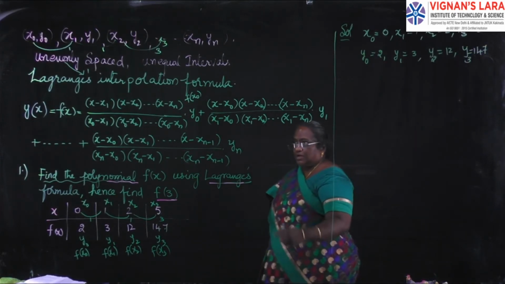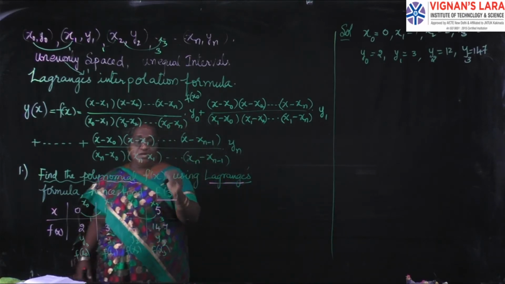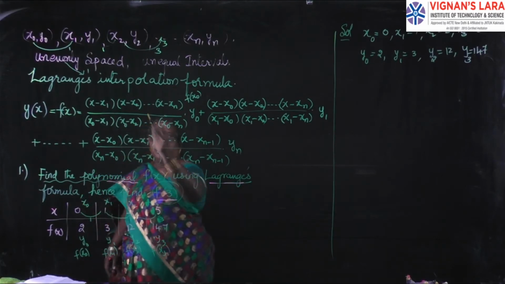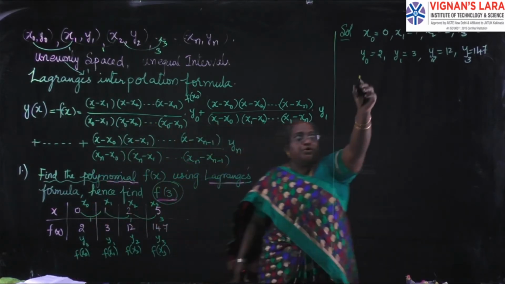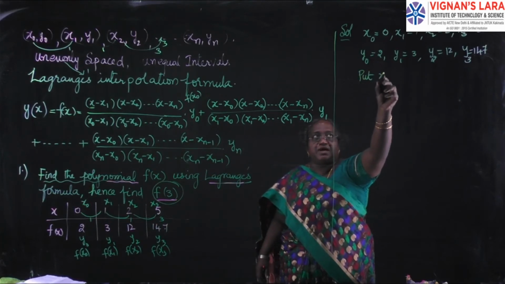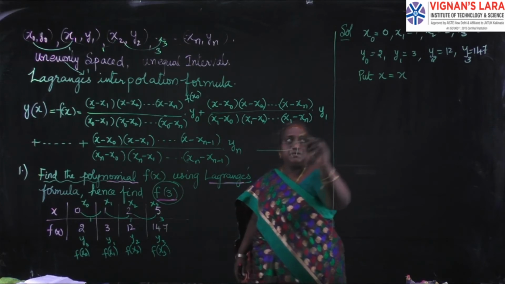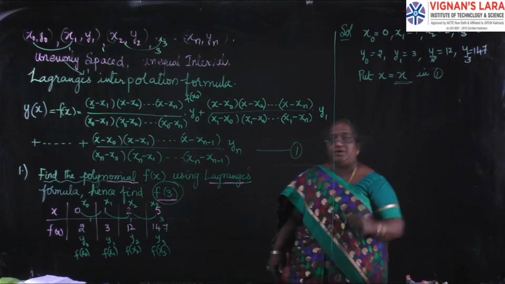So now, substituting the respective values. Here you are not supposed to use x as 3, but instead of x you have to use x only. Put x is equal to x. Remember, this is very, very important.